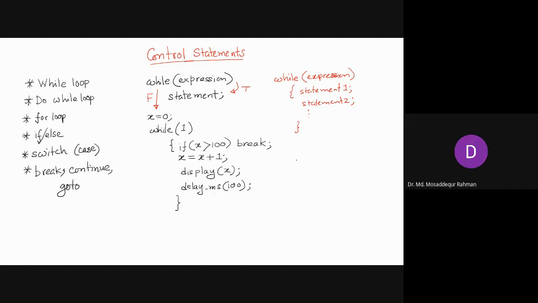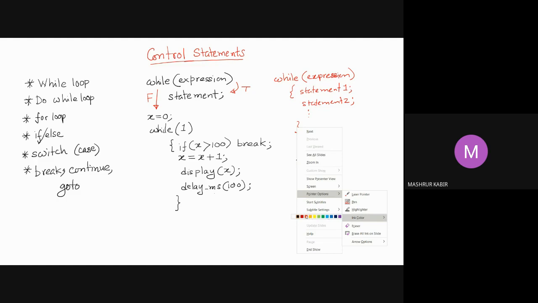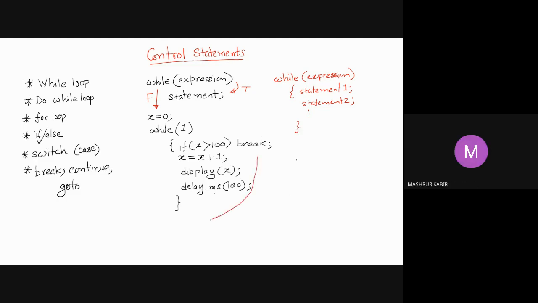So when x is greater than 100, it says break. Break means it will break away, right? Yes, it will exit the loop. Once you have this break command, the program will exit this control loop.